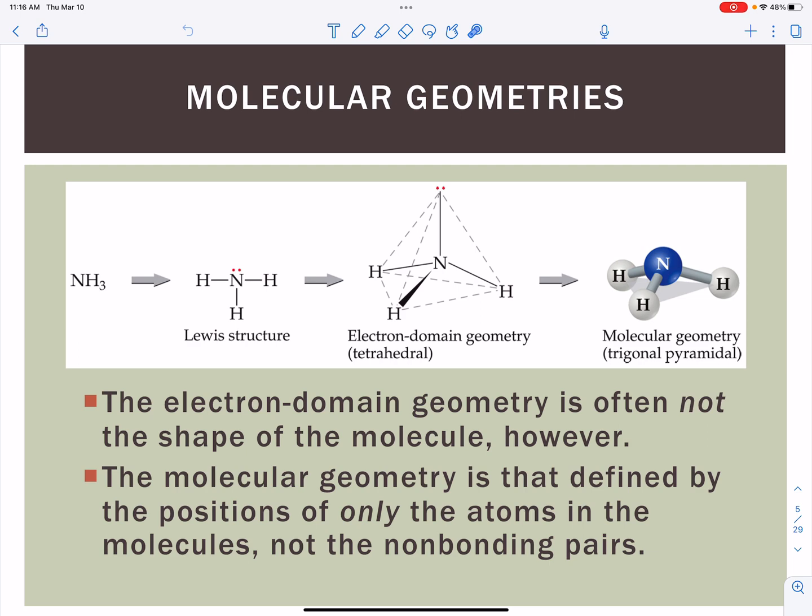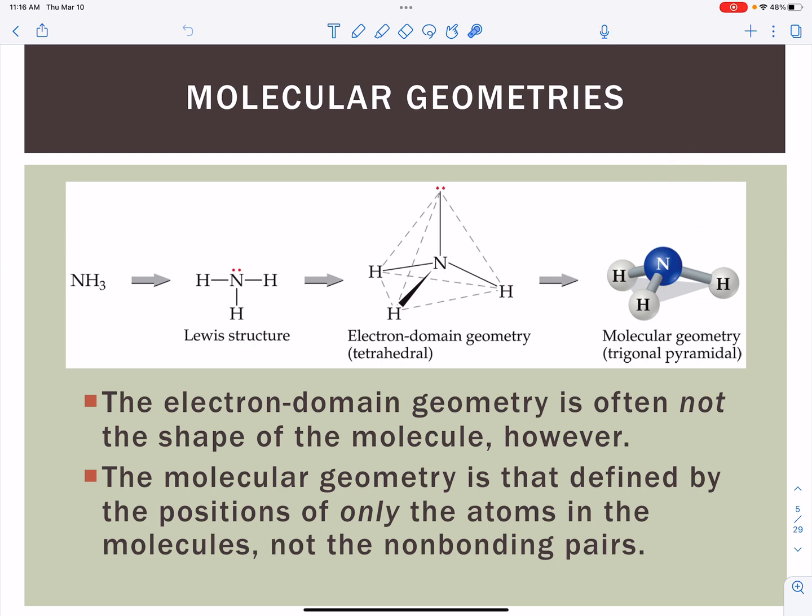But like you can see in this ammonia compound, the electron domain geometry would have 4 positions, but the molecular geometry only has 3 things bound to that central atom. And so this space is empty, right? I mean, it has electrons, but you couldn't really see them.